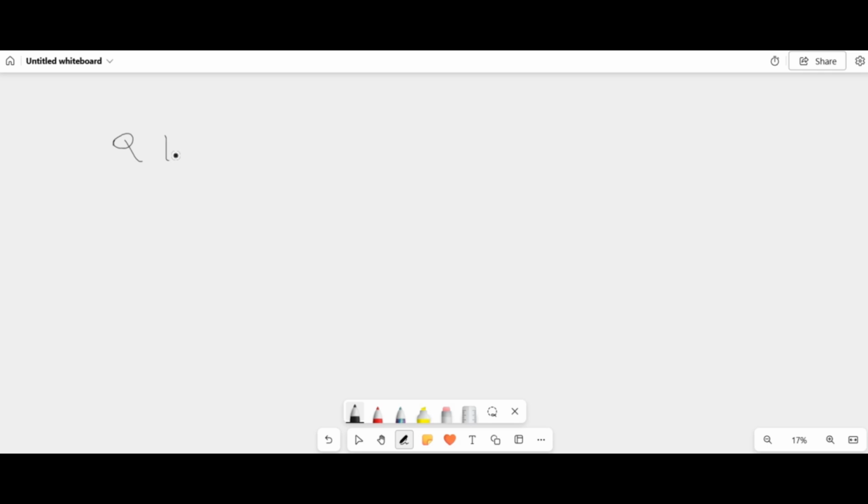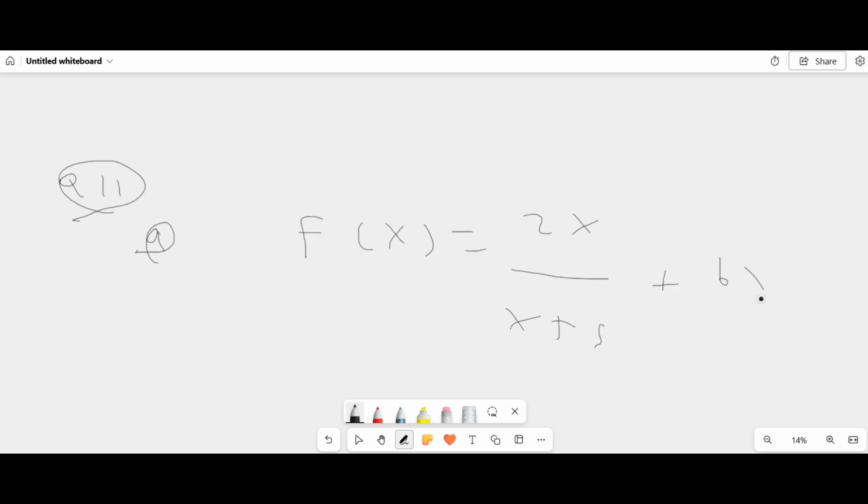Alright, question 11 here, 11a. And f of x here is equal to 2x over x plus 5 plus 6x over x squared plus 7x plus 10.